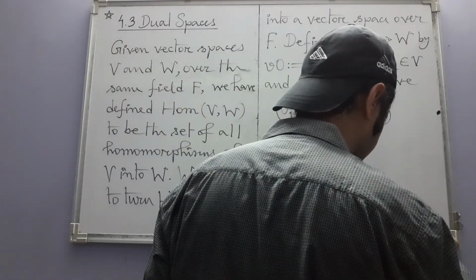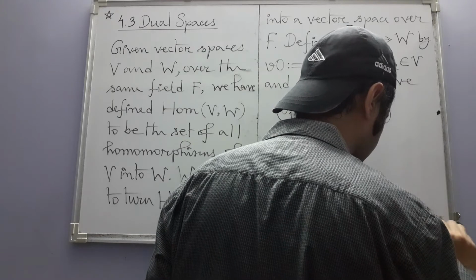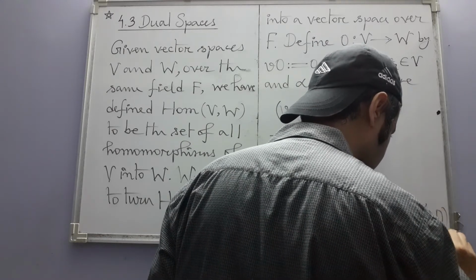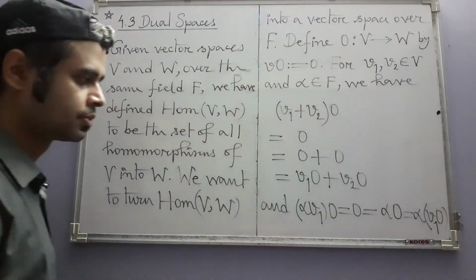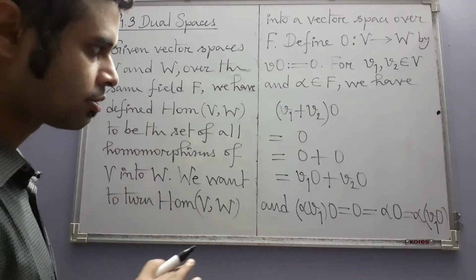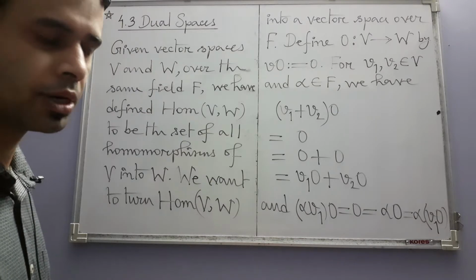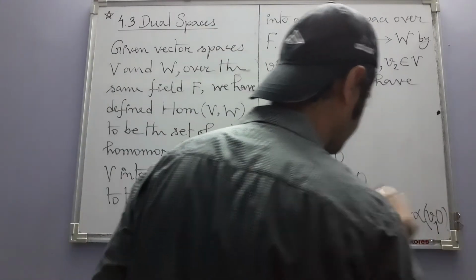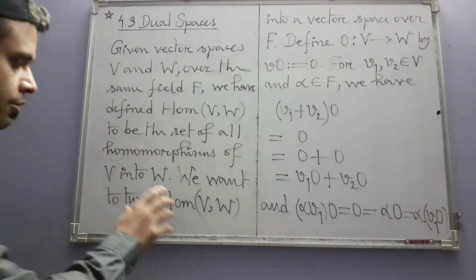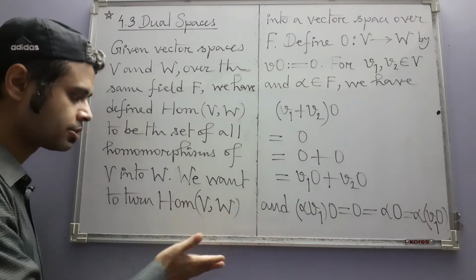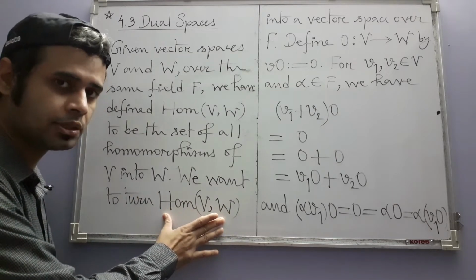And in place of 0 here, you can write the zero image of V1. So the zero function not only respects vector addition, but it also respects scalar multiplication. So this tells us that the zero function is in this set, and consequently this is a non-empty set.